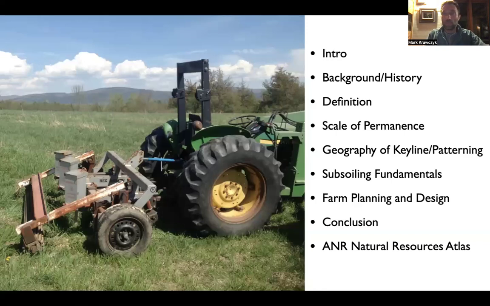We'll do a little bit of an introduction, talk briefly about some of the history and background on Keyline, offer some definitions, then we'll look at the scale of permanence, followed by the geography of Keyline and Keyline patterning, some of the basics of subsoiling, and then how Keyline can be used to inform farm planning design. And then last, I'm going to share a tool that you all can use to give yourself some very valuable baseline planning data that you can bring with you to the workshop to foster some discussions down the line.